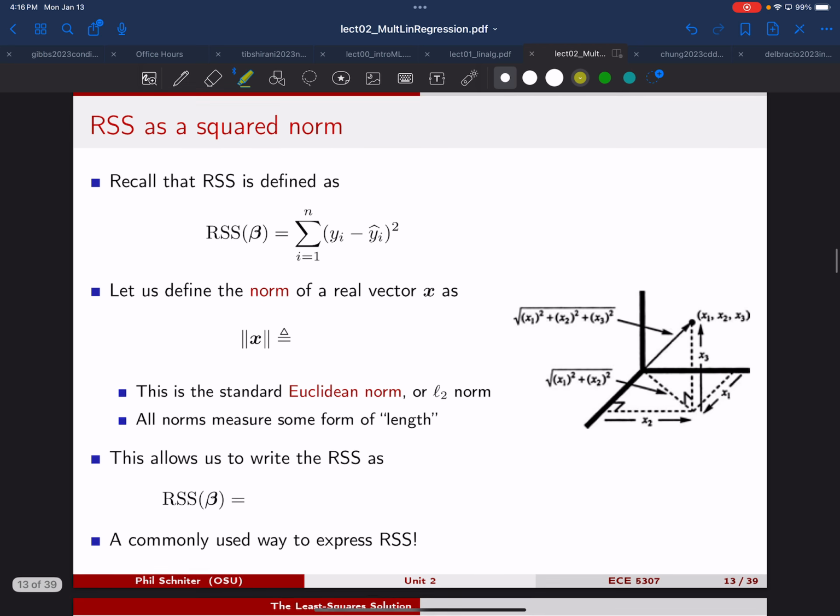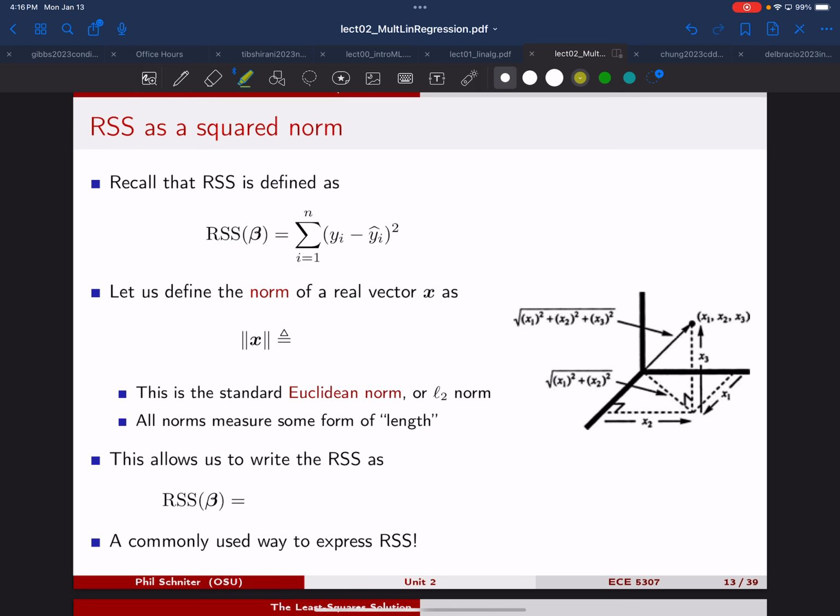Okay, so this is the RSS, residual sum of squares, that we're trying to minimize. We can also express this as a norm. If you remember what we did in the last unit, we said that the Euclidean norm is going to be the square root of the sum of the squares of a vector.